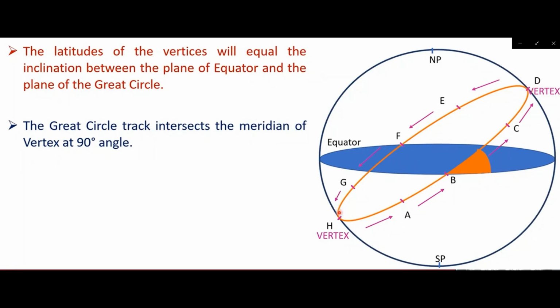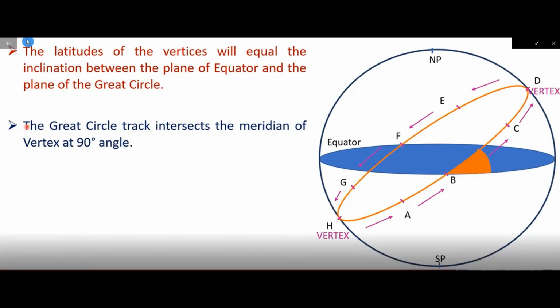And we know these directions are measured from true north, and north-south is represented by the meridian. Therefore, the angle between the meridian and the great circle at the vertices shall be 90 degrees. Now this is also very important, beta. The great circle track will intersect the meridian of the vertex at 90-degree angle.